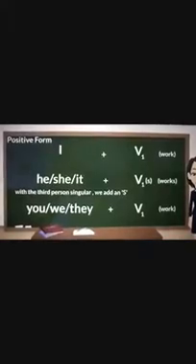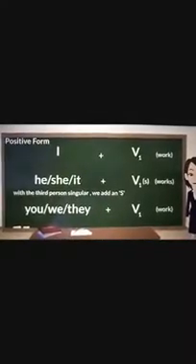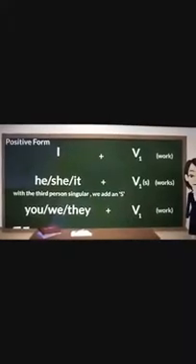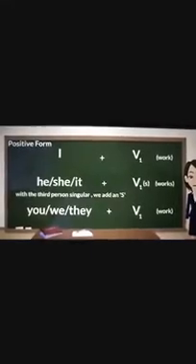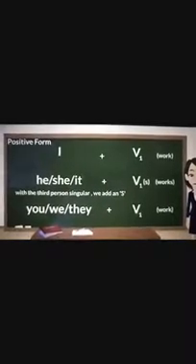For I, you, along with plural pronouns, we use only the base verb. And for third person singular, that is he, she, it, we make use of the base verb plus S. For example, walks, plays, talks. Alright, I hope you understood this.